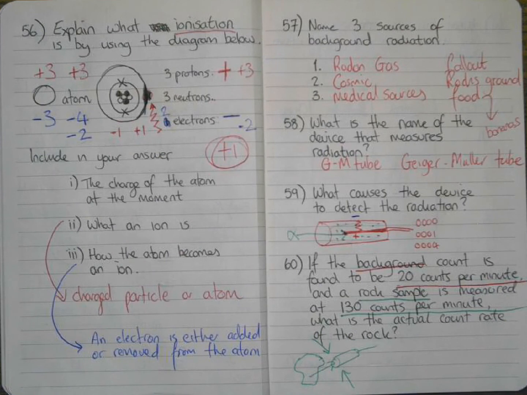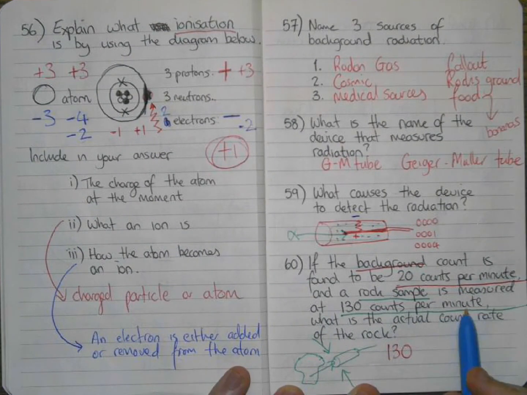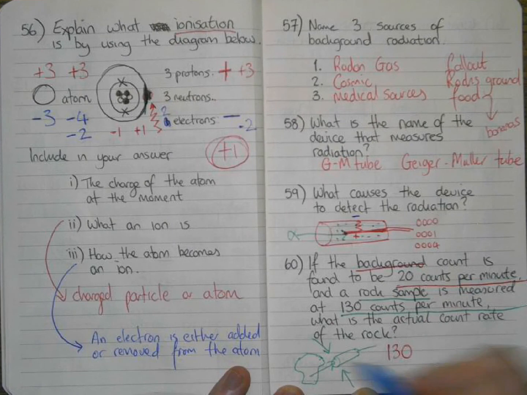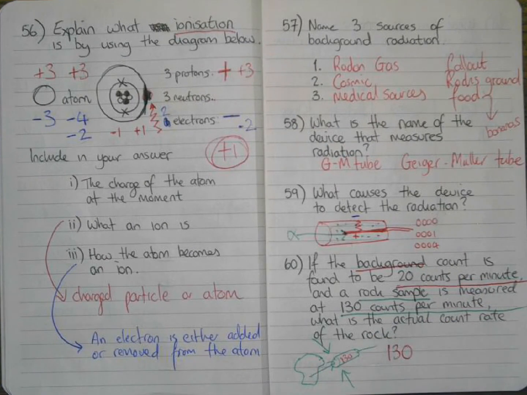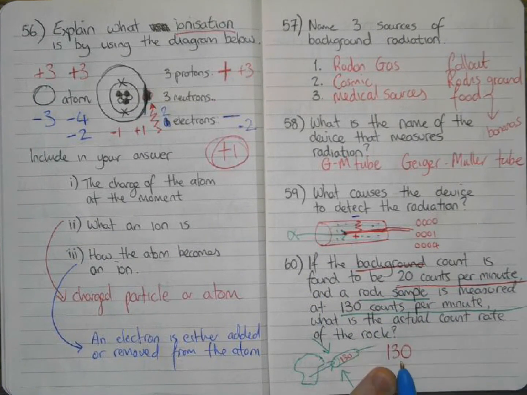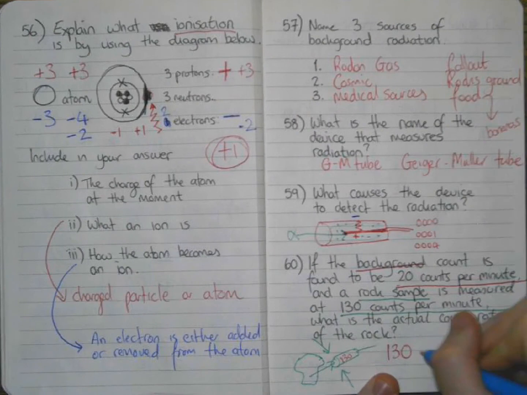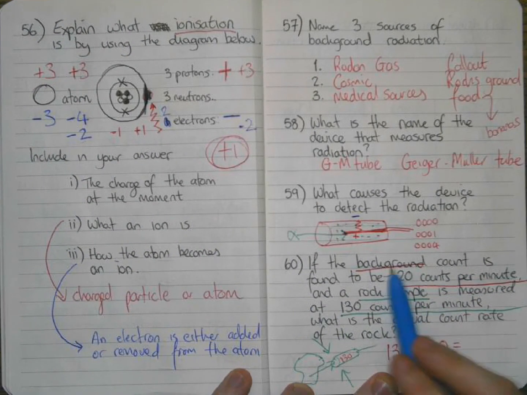Well, we have to take the total amount, which is 130 per minute, so that's what it records on the Geiger-Müller tube. But earlier on we tested to find out what the background count was, which was 20 counts per minute, and so if we test a rock and get 130, we'll have to remember to take away the background count.